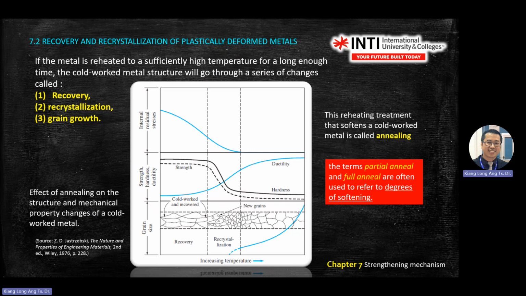So if you work at room temperature, you do recovery. Means you cold work and recover. You roll it, you pull it. So then it's in the recovery stage. In the recovery stage, you're still seeing the normal grains, the grain boundaries, all this still there.